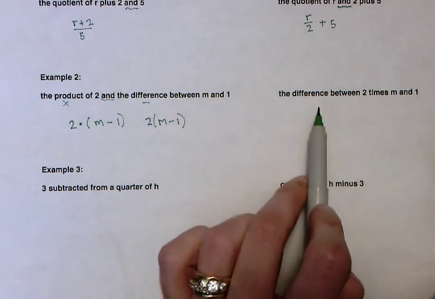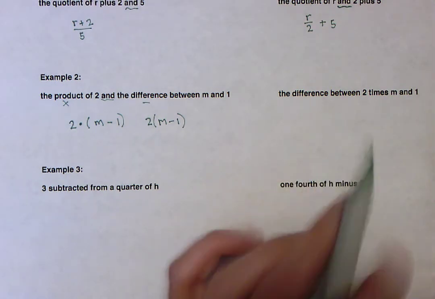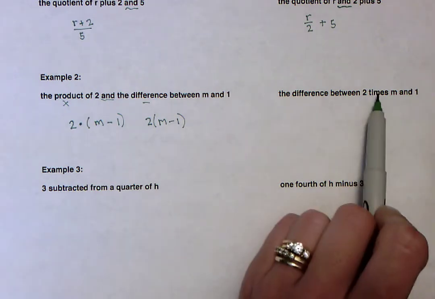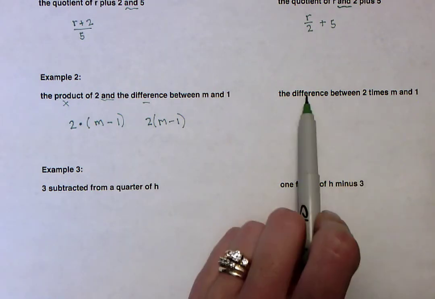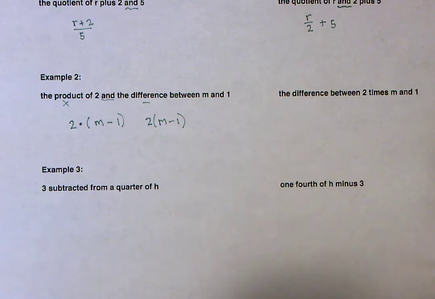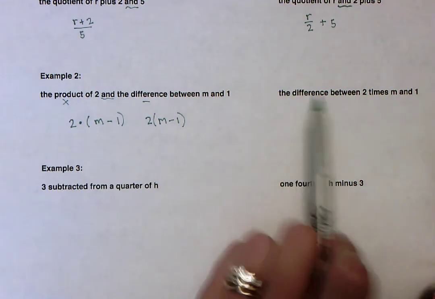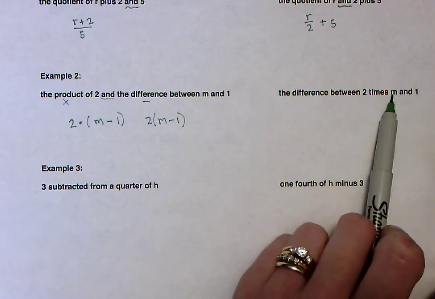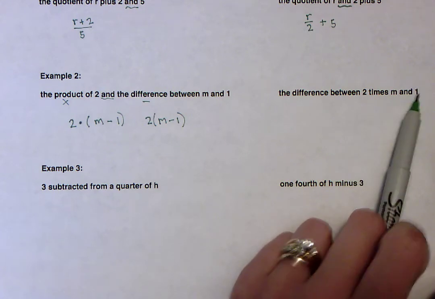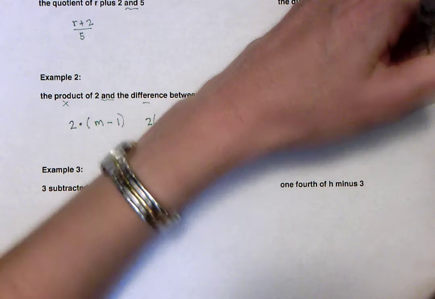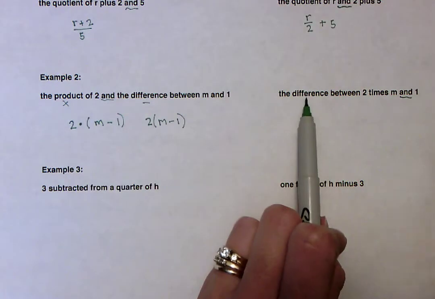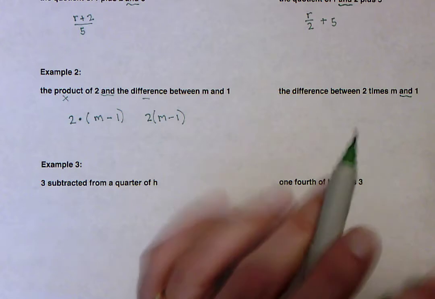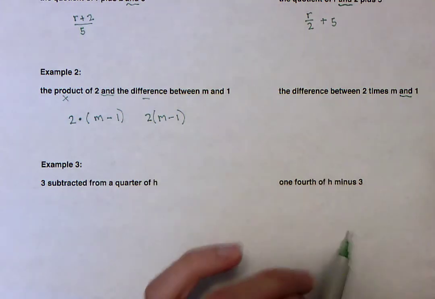Now the one over here is a little different. Worded kind of similarly, but just a little different. We have multiplication here, we're going to have times, and we have subtraction. But we're going to have a different order here. So it says the difference between, now it's going to tell us, 2 times m and 1. So first we're saying it's a difference between these two things. So we have to think, okay, well, I need to write these two things with a subtraction sign in the middle.